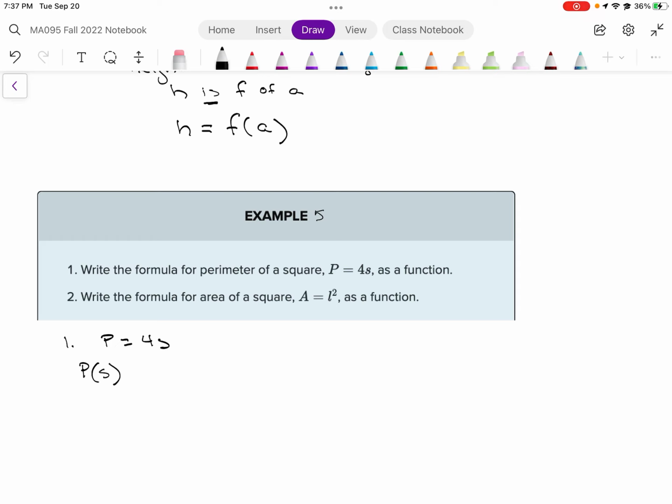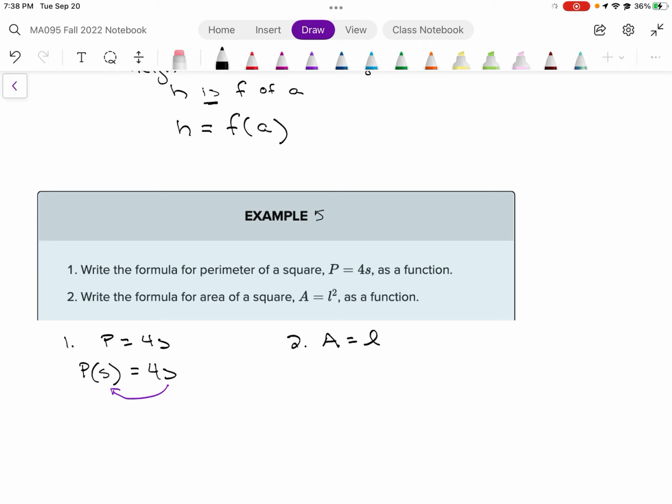Okay, so P dependent upon s. S is the input. P is the output. So it looks like that. That's all you do, especially when you're given letters like this, is you can just put the independent variable in here to show that you're finding perimeter with respect to s, which is the length of the side of the square.